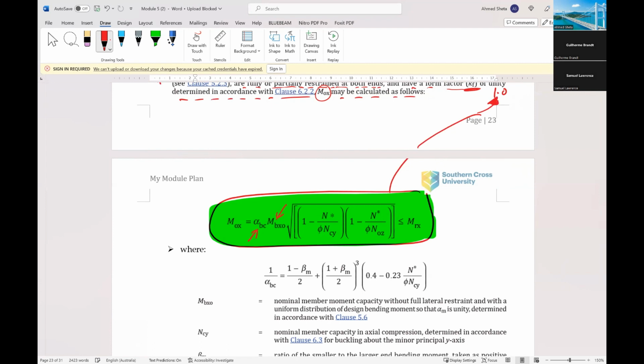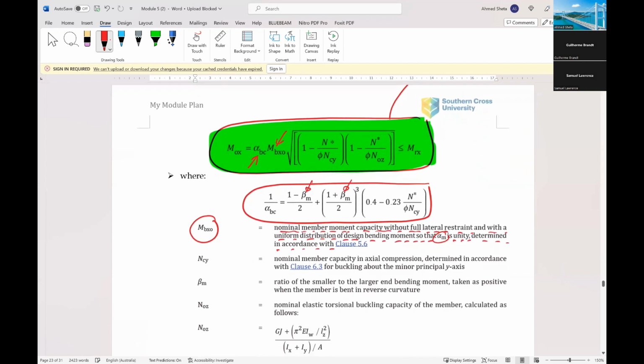where 1 over alpha BC equals (1 minus beta M over 2) over (1 plus beta M over 2) all cubed times (0.4 minus 0.23 N star over phi NC), where MBXO is the nominal member moment capacity without full lateral restraint and with a uniform distribution of design bending moment so that alpha M is unity, determined in accordance with clause 5.6.